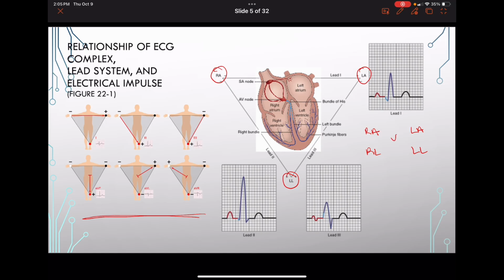So that just means right arm, right lower, left arm, left lower, and then this is just the middle lead to be able to give you all the views of the heart.